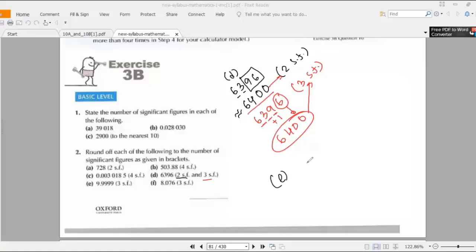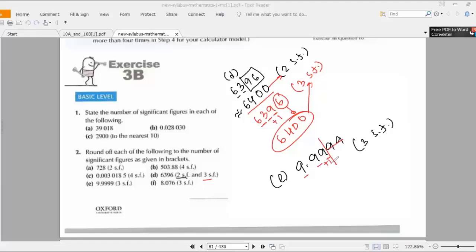Now question number E says 9.9999. The question says to convert into three significant figures. So this is first significant, second significant, third significant. Now the remaining digits will be cut. For the 9, the previous digit will be changed. We have to add 1 to it.